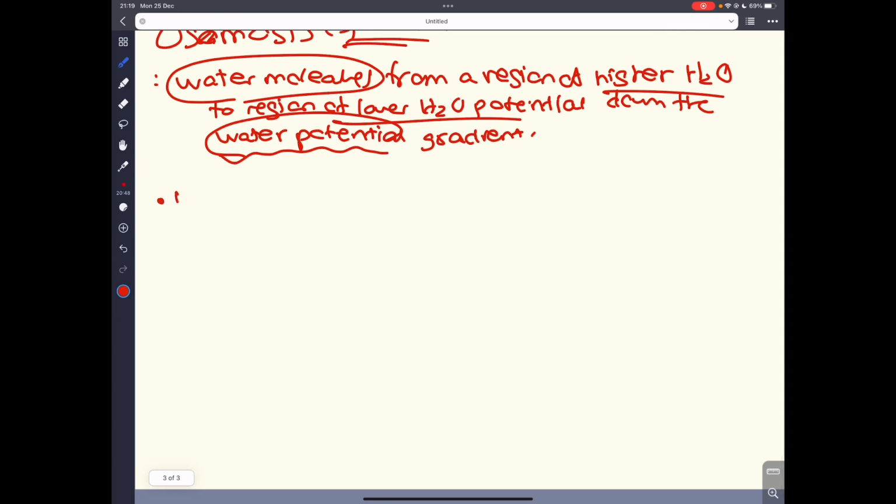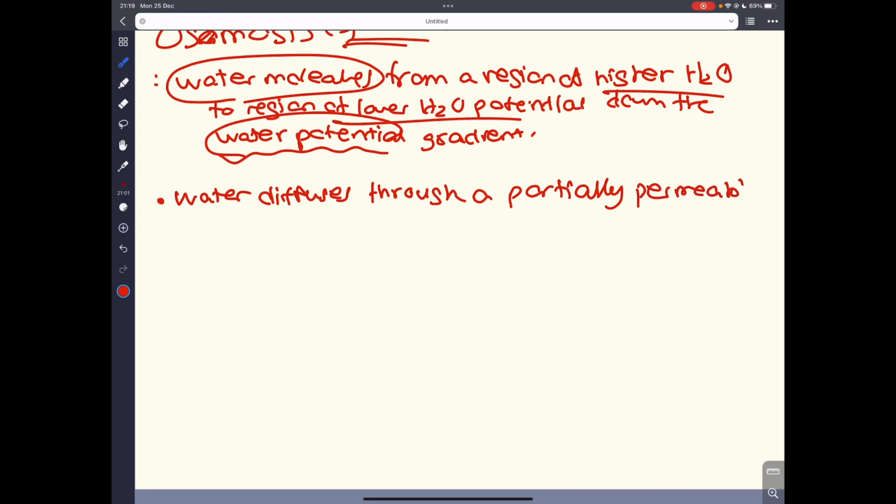Now, we have to know that water diffuses through a partially permeable membrane by osmosis. So when water moves, it always moves via osmosis through a partially permeable membrane.